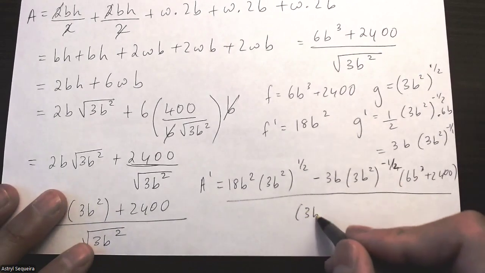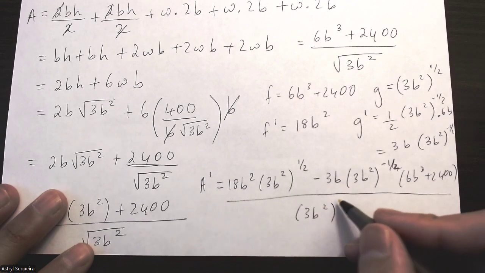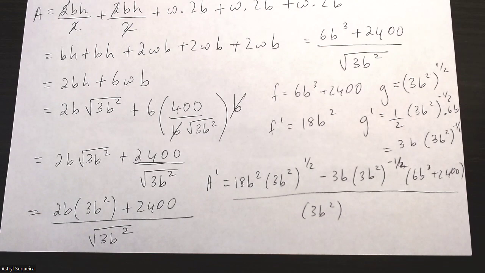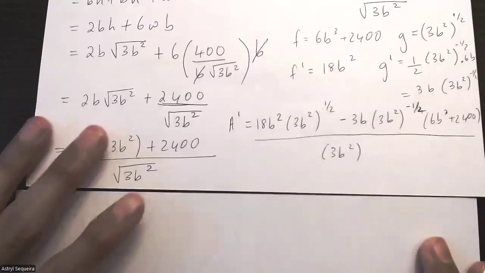So 3b squared to the power of half squared will just cancel off. So I'm just left with 3b squared on the bottom. So that's my quotient rule right over there. And now I just want to make this equal to 0 and solve it.